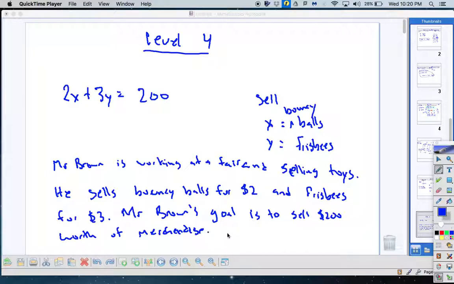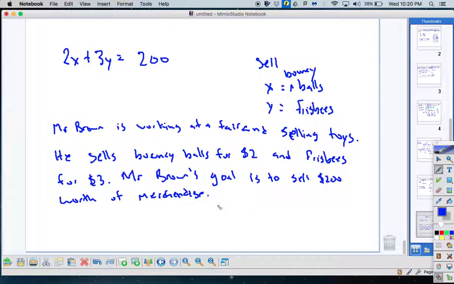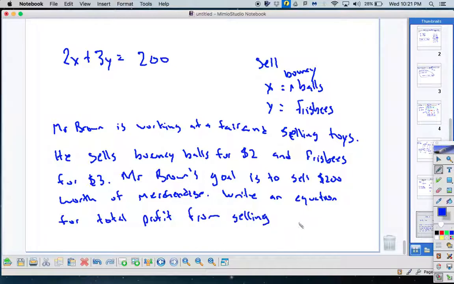All right. And then the last line is going to be talking about instructions. So you want to tell the person what they're supposed to do. Well, what is this person supposed to do? They're supposed to write an equation. So write an equation for the total profit from selling toys.